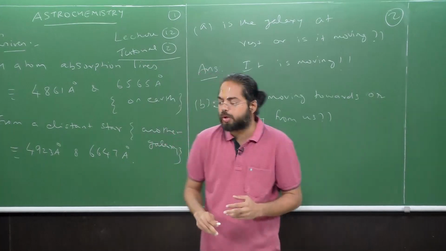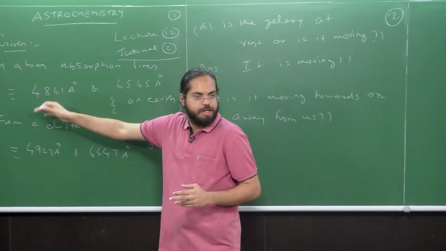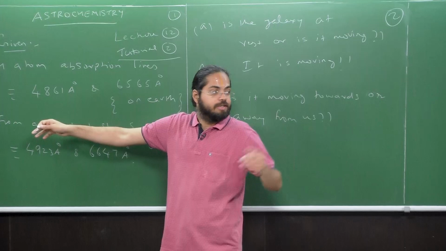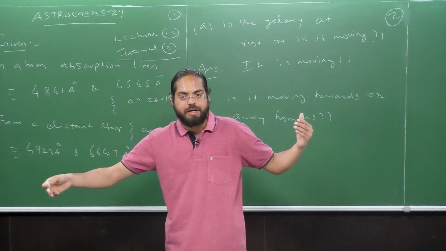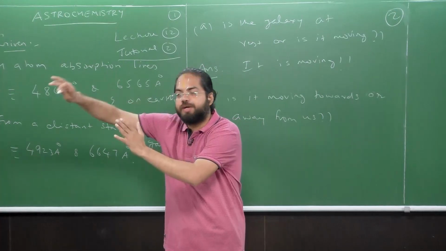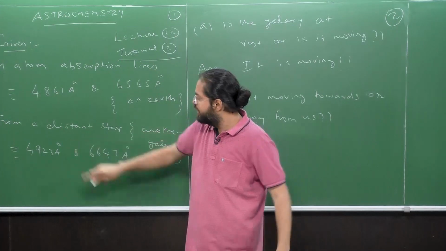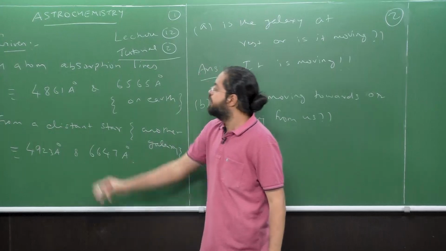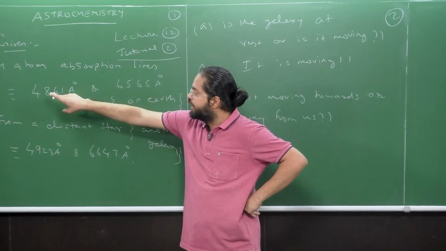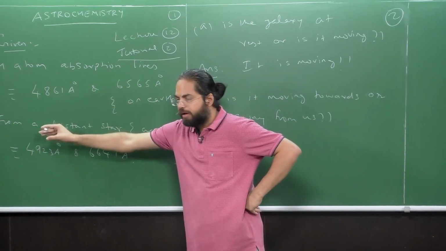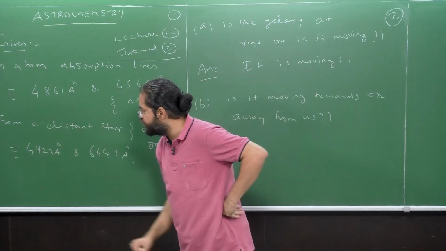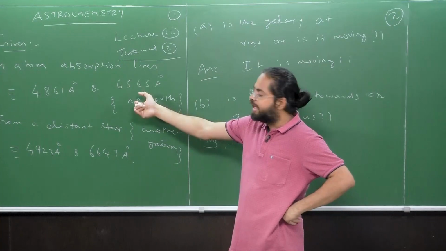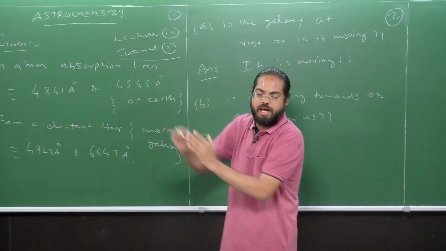Well, for that, you need to look into the magnitude of the wavelengths, right? Just in the last class, we discussed red shifting versus blue shifting. And what is the characteristic of red shifting? The wavelengths increasing, correct? On Earth, you would expect the line to be at 4861 angstroms. It has shifted further red, somewhere towards 4923. And similarly for the other line also, there's a uniform shifting of the lines.